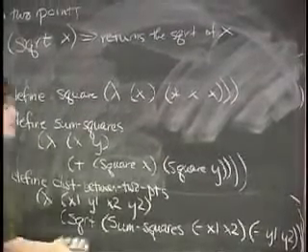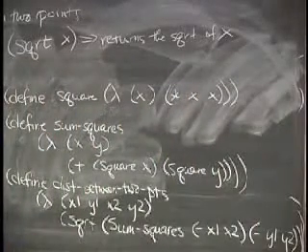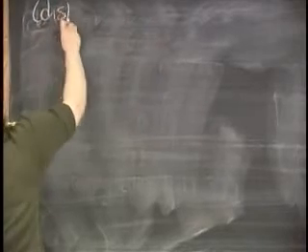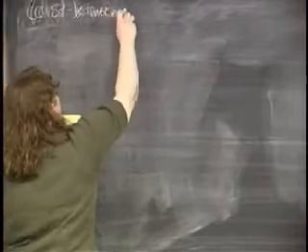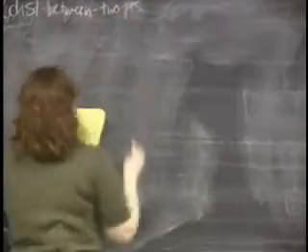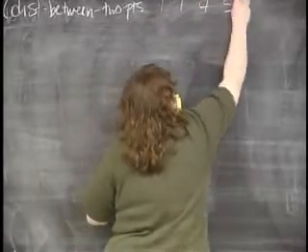Okay, let's evaluate this using the substitution model. So we're going to compute the distance between two points, (1, 1) and (4, 5).